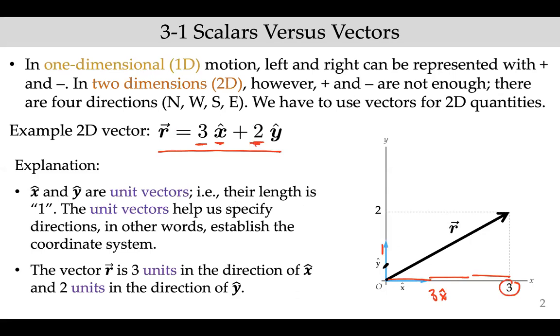So this is 1 y, and this is the second y. So here you go, that's the 2. You can think of it this way: this r vector is composed of 2 vectors, one of them is 3x hat, and the other is 2y hat.